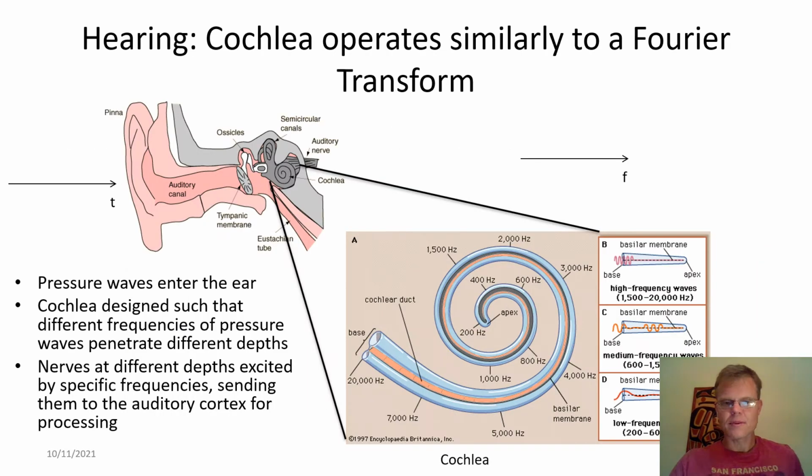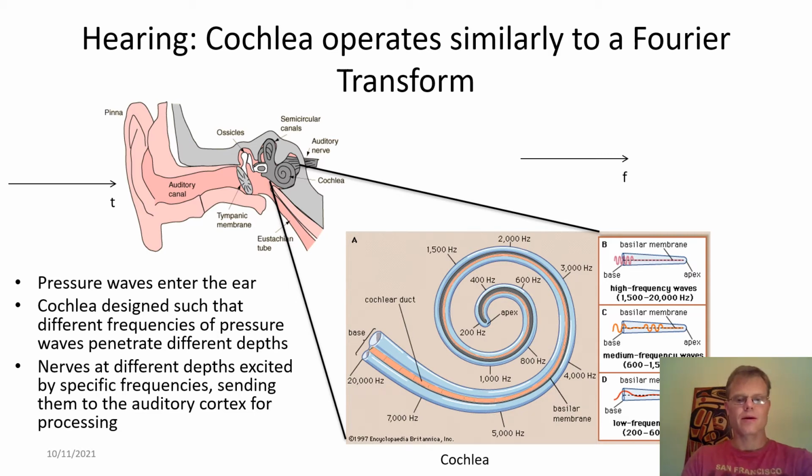Another fun thing I learned, I think it's pretty interesting, is that your ear, the cochlea, this little bony structure that's in your ear canal and is responsible for delivering much of what we hear to our brain, is actually operating quite similarly to a Fourier transform.